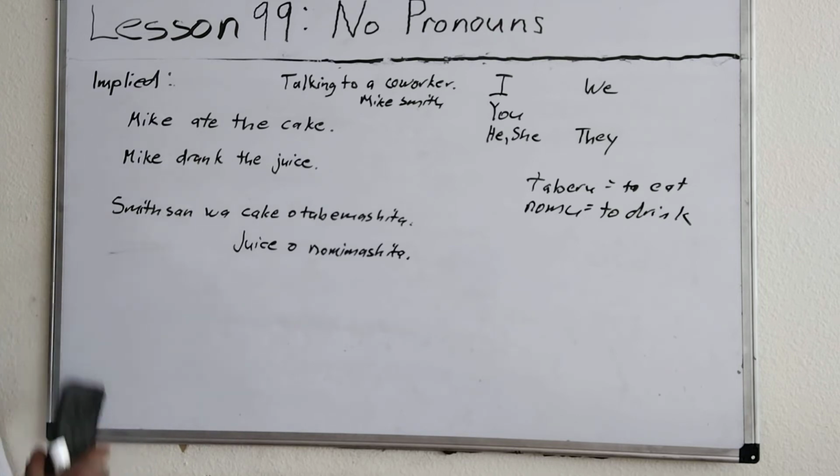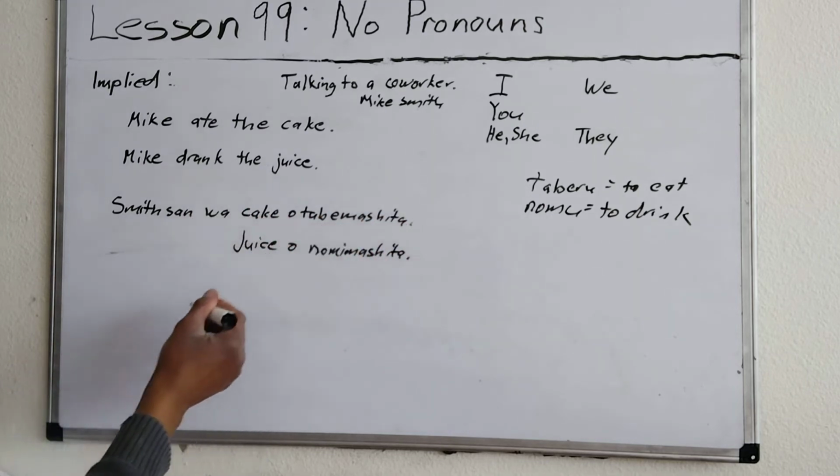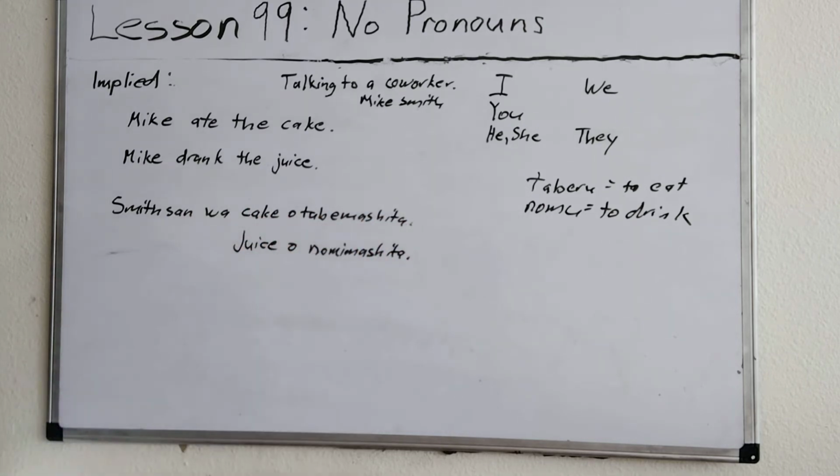We're talking about Smith. So, Smith-san wa cake o tabemashita. Juice o nomimashita. So if you already know who you're talking about, why include a pronoun? He, she, or even his name. You get rid of it. So that's basically how a lot of things work.